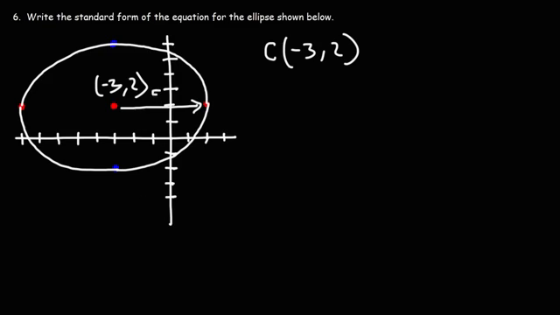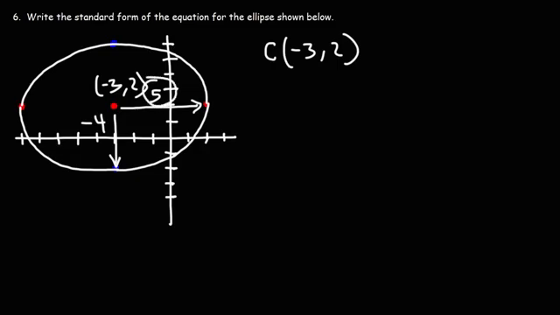So it's 5 units along the x direction, and along the y direction, it's 1, 2, 3. Let me use a different color to count. So this is 1, 2, 3, 4. So we went down 4 units to get one of the minor vertices.